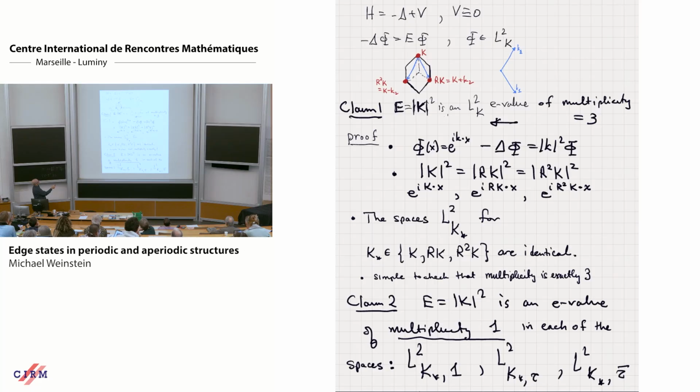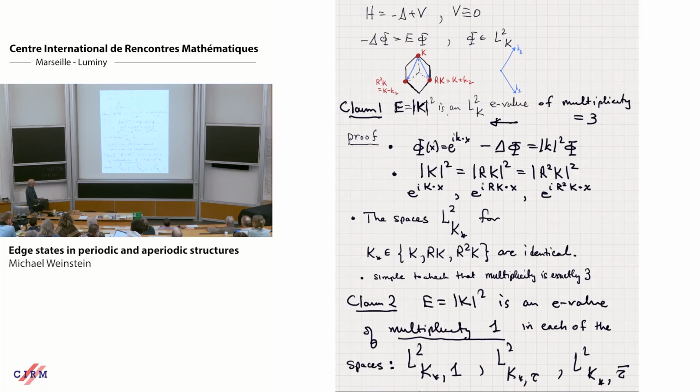If I set V equal to 0, then notice that these three equivalent vertices of the Brillouin zone, related by rotation by 120 degrees, give rise to a triple eigenvalue with these corresponding Floquet-Bloch modes. Moreover, because of the high symmetry property, the L²_K spaces corresponding to these three points are equivalent. It's the same boundary condition by the symmetries of the lattice. And it's easy to check that the multiplicity is exactly 3.